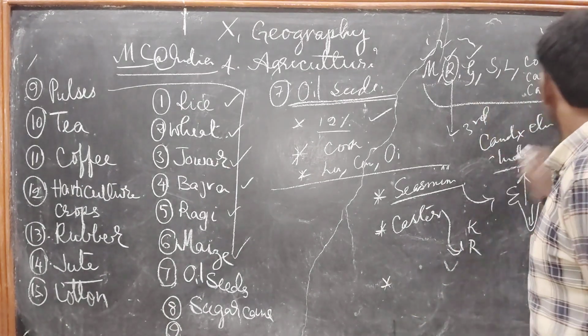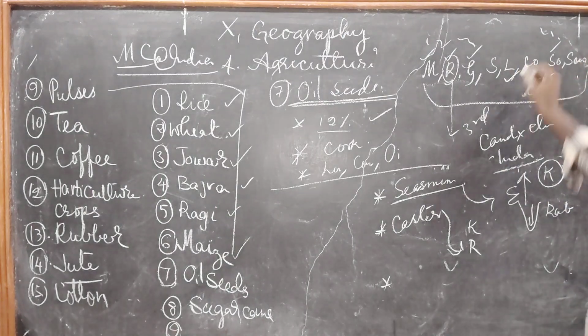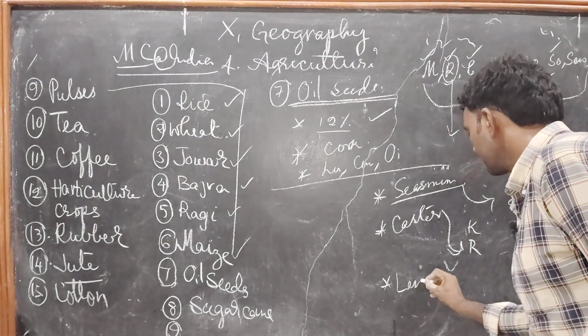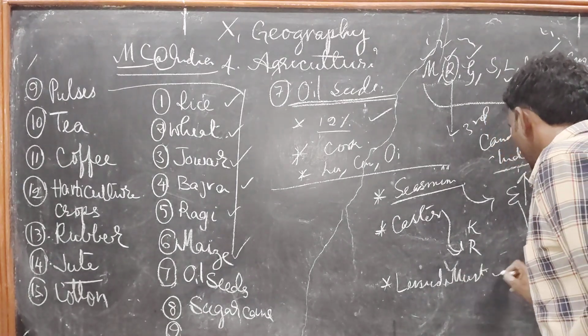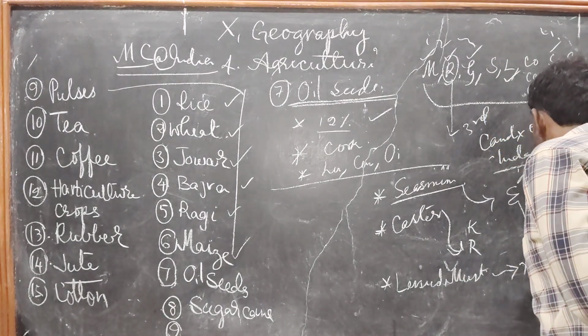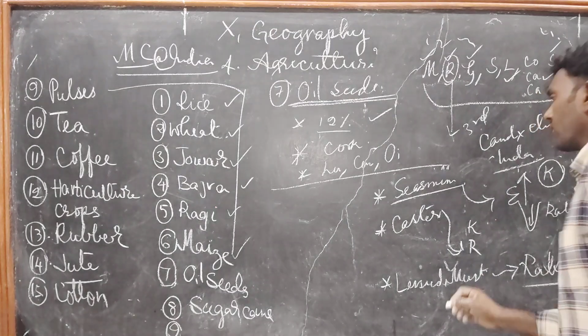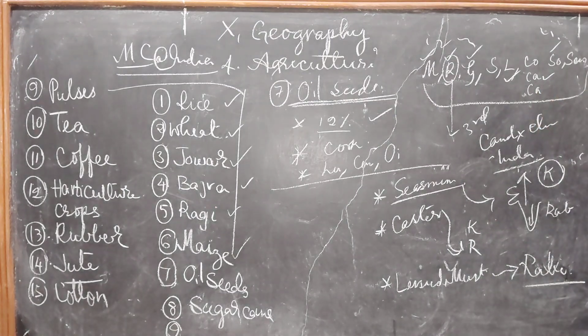Linseed and mustard we cultivate only in Rabi seasons.